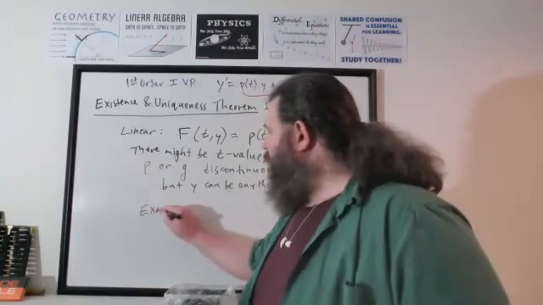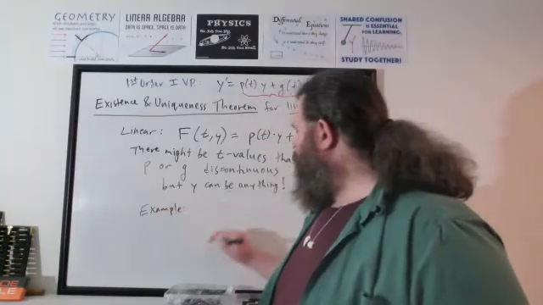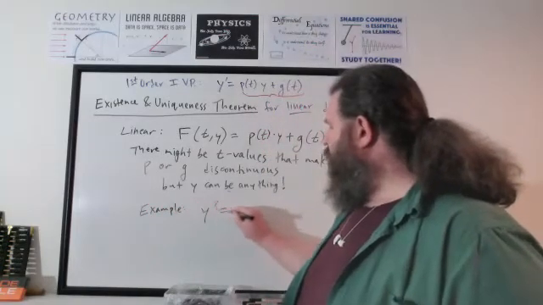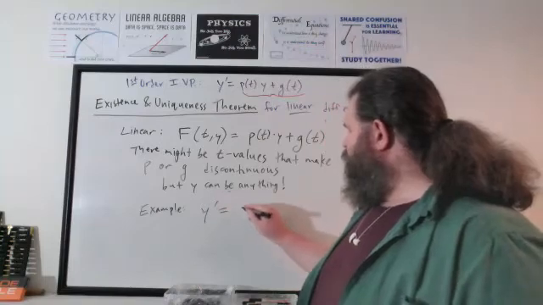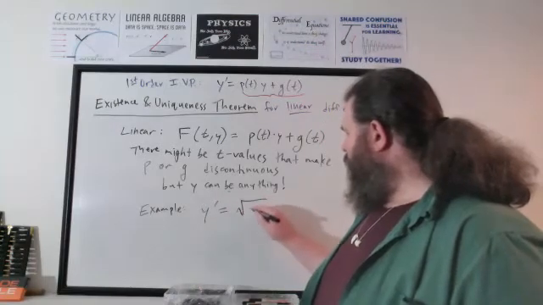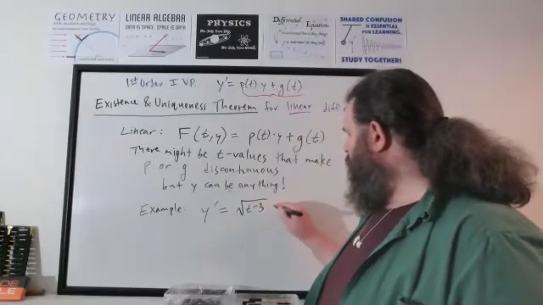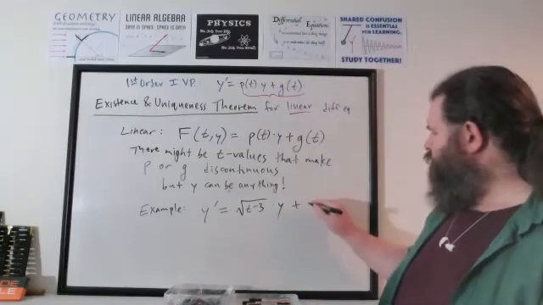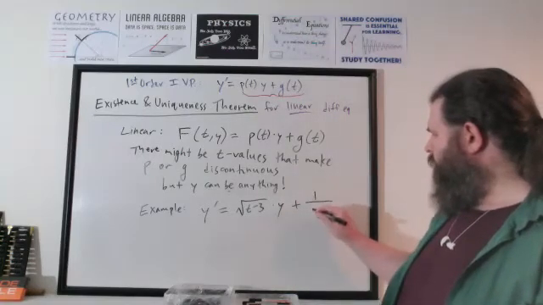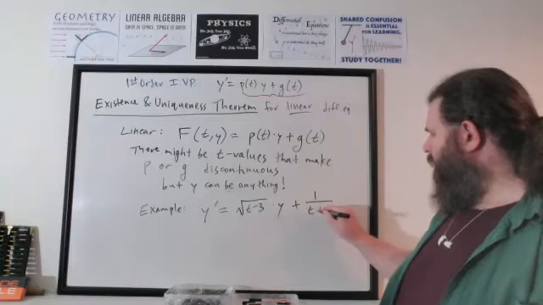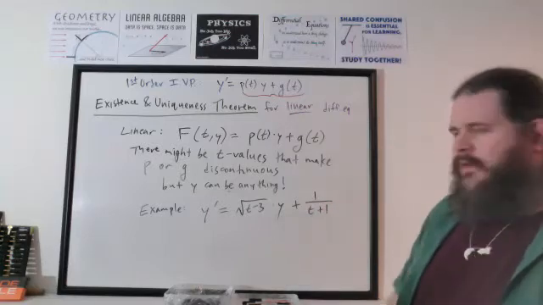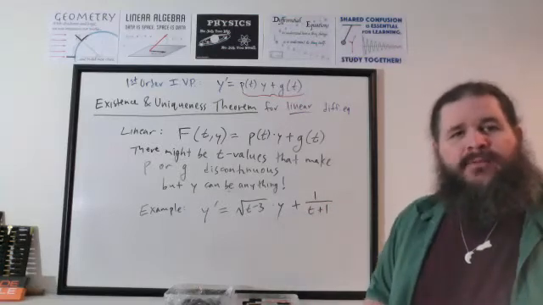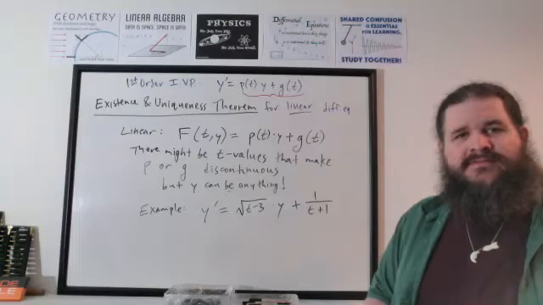For example, if we're talking about, let's say, y prime equals square root of t minus 3 times y plus 1 over t plus 1. In that case, are there any t values that would make this discontinuous?